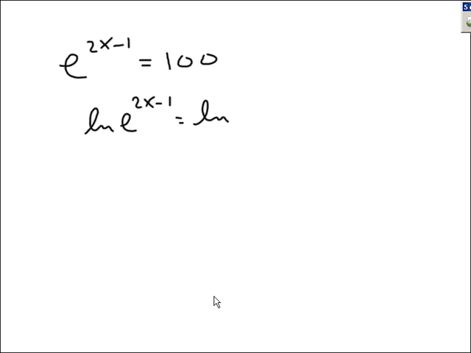So what if you had e to the 2x minus 1 is equal to 100? Take ln of both sides. And the left side is just 2x minus 1.